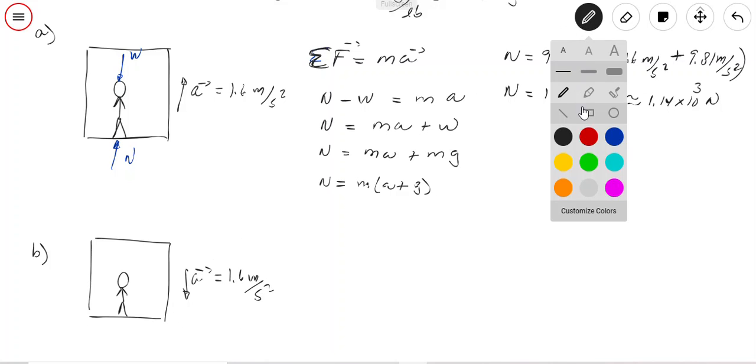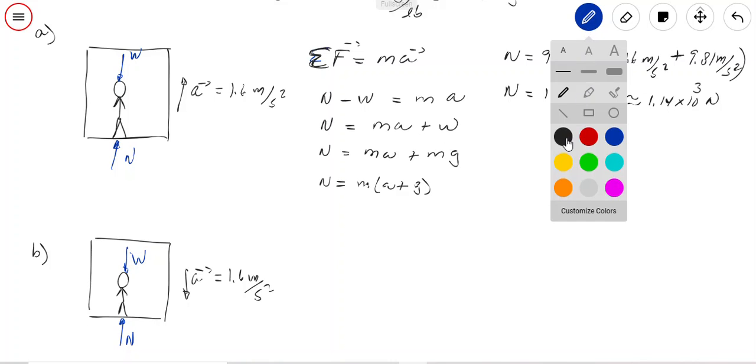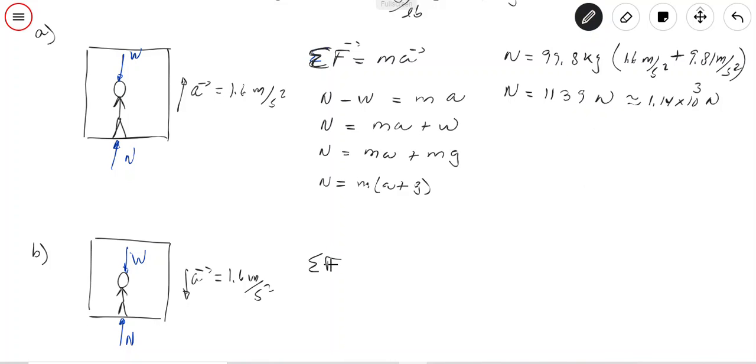So we still have the same weight acting downward here, and we have the same normal force acting upward. If we make the sum of the forces in y, again, equal to the product of the mass times acceleration, because it's moving with acceleration.